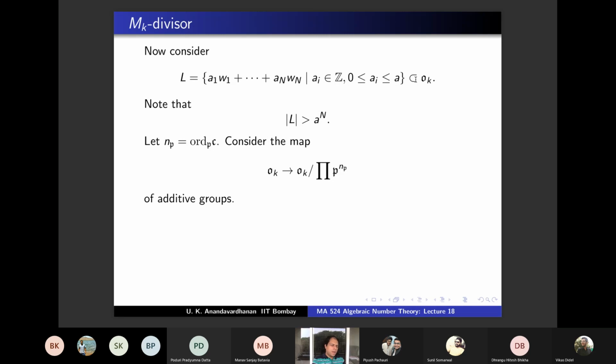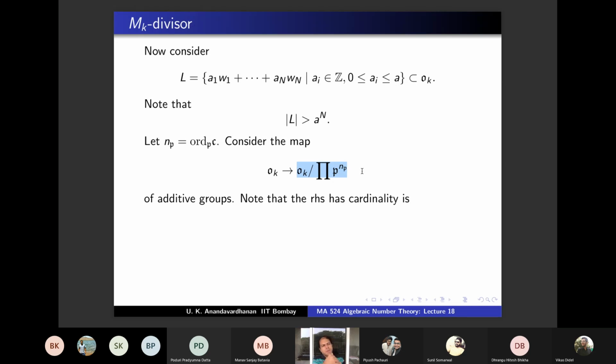As a map of additive groups, we are considering this, and what is the size of the right hand side? What is the cardinality of the right hand side? Can you tell me? By Chinese remainder theorem, OK by product of P power NP is isomorphic to the product of OK by P power NP. And what is the size of OK by P power NP? What is the size of OK by P?